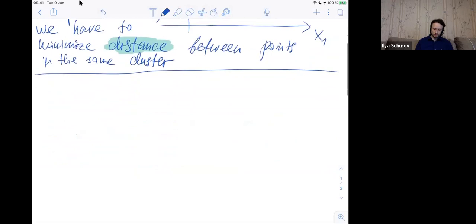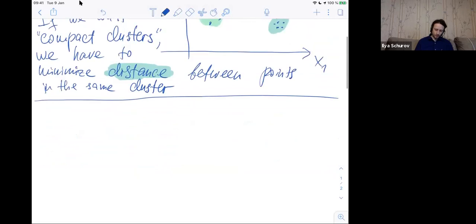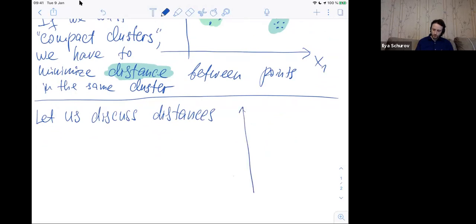For example, assume that I have 4 points that are located in this way.